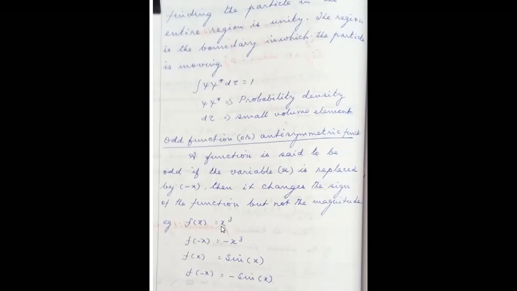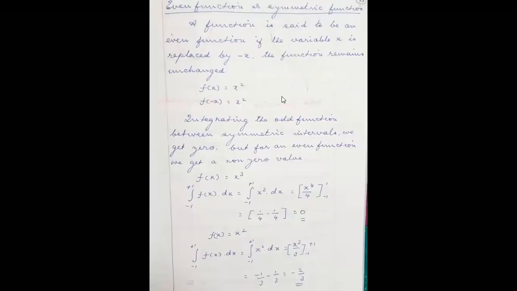If you substitute minus x in the place of x, the entire expression becomes negative. Similarly, f of x is equal to sin x. If you substitute minus x, sin x becomes minus sin x. See, in the case of even function or symmetric function, if f of x is equal to x square, if you substitute minus x here, even then it is x square, it remains positive.